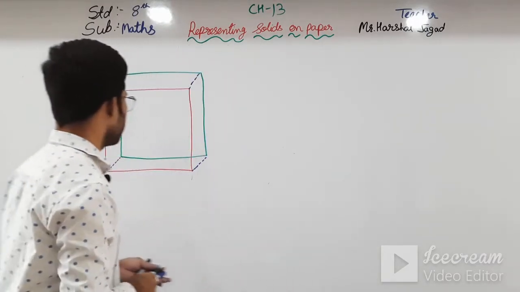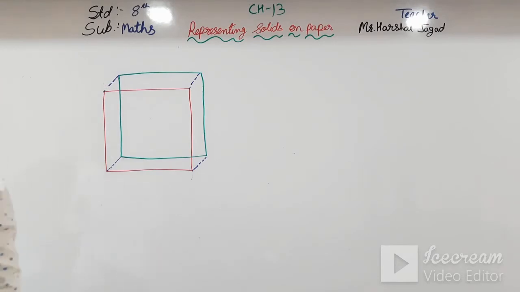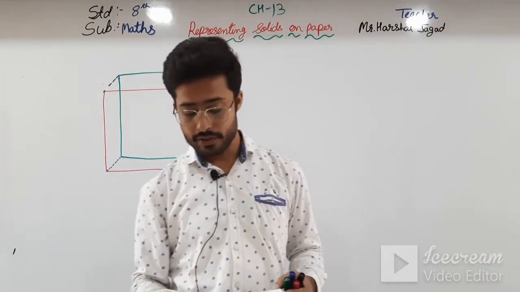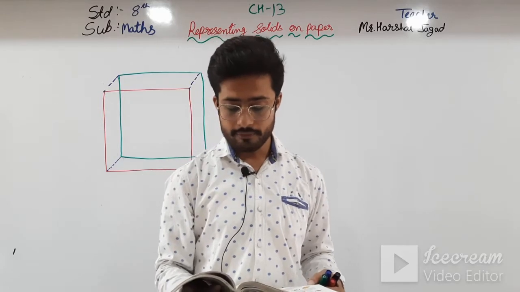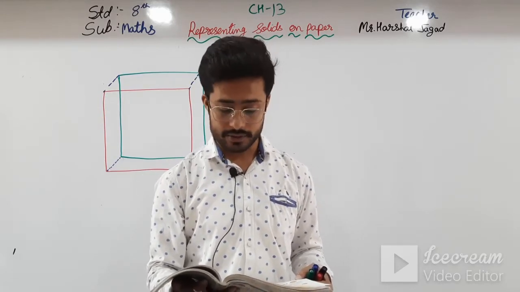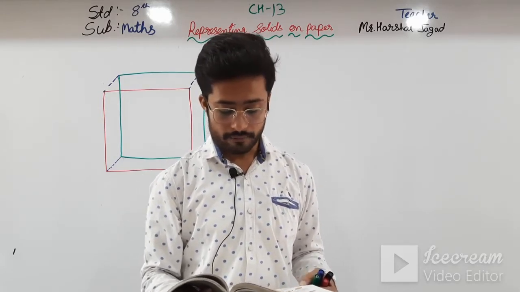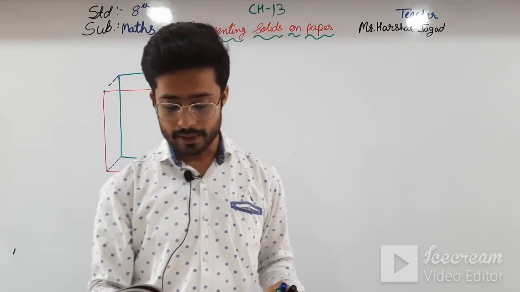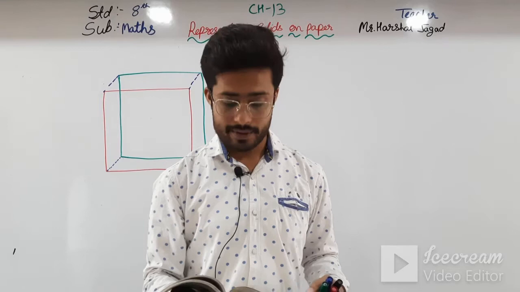Okay students, now moving towards the 2D figure. 2D stands for two-dimensional. A 2D figure has only two dimensions, length and breadth. All figures of solids drawn on paper are indeed plane figures, that is, two-dimensional.